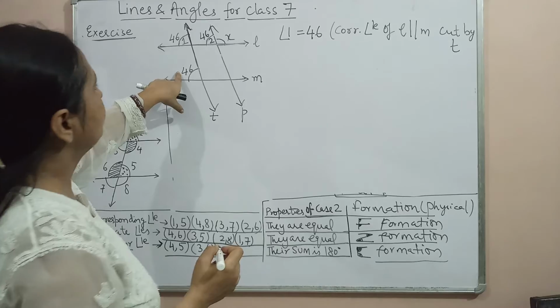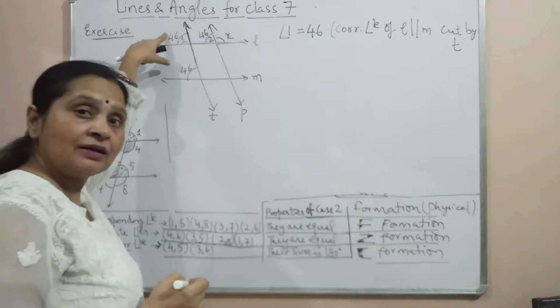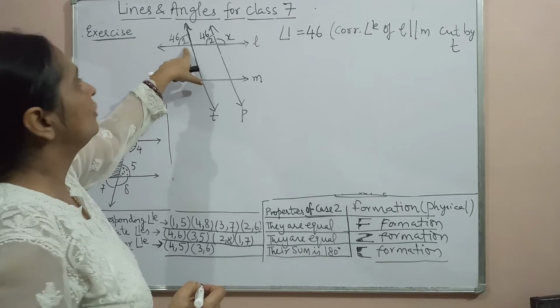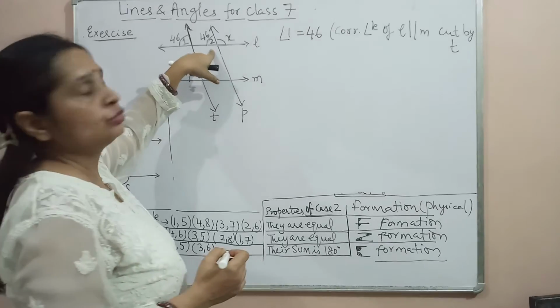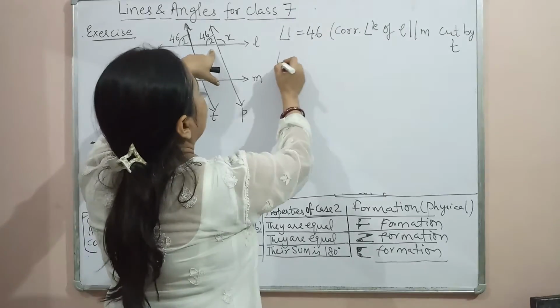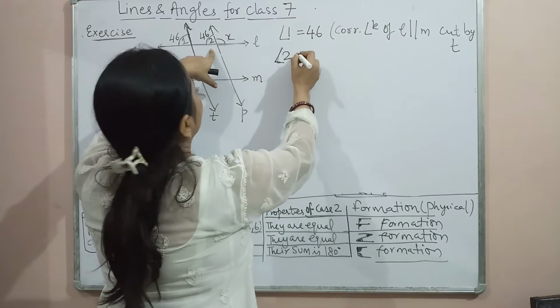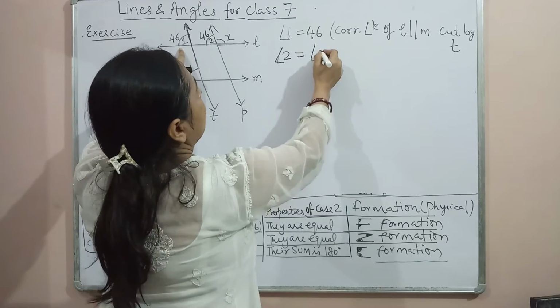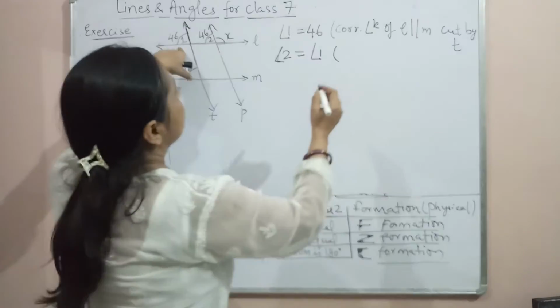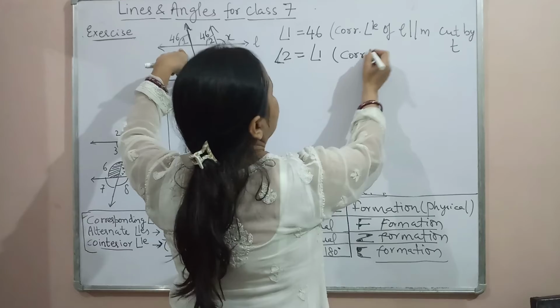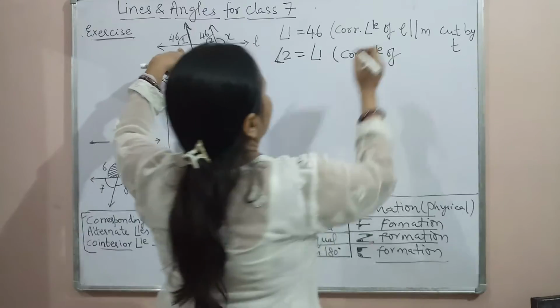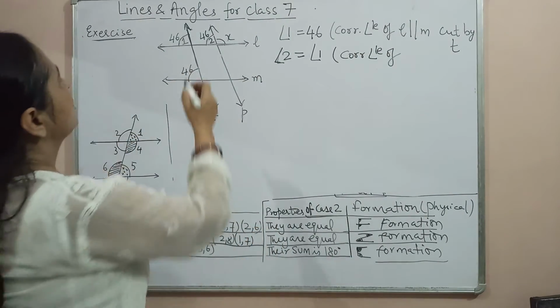Now, from here, we got to know angle 1. From angle 1 we can get to know angle 2, because angle 2 will be equal to angle 1. And what is the reason? The reason is again corresponding angle between which two lines?